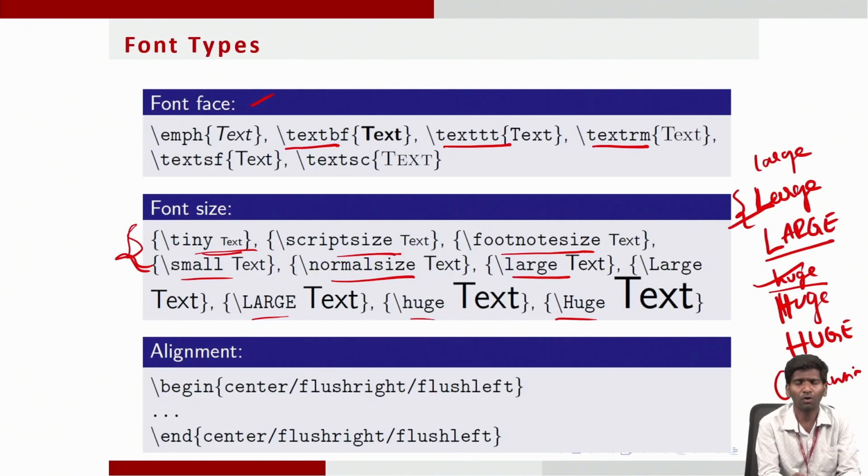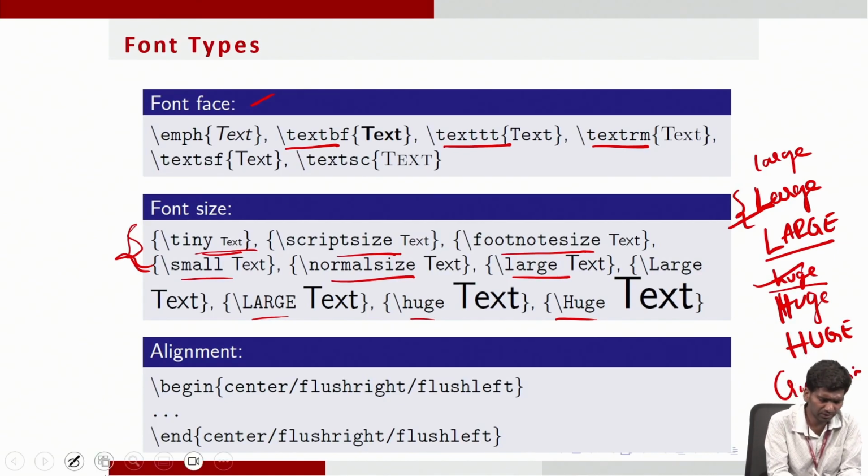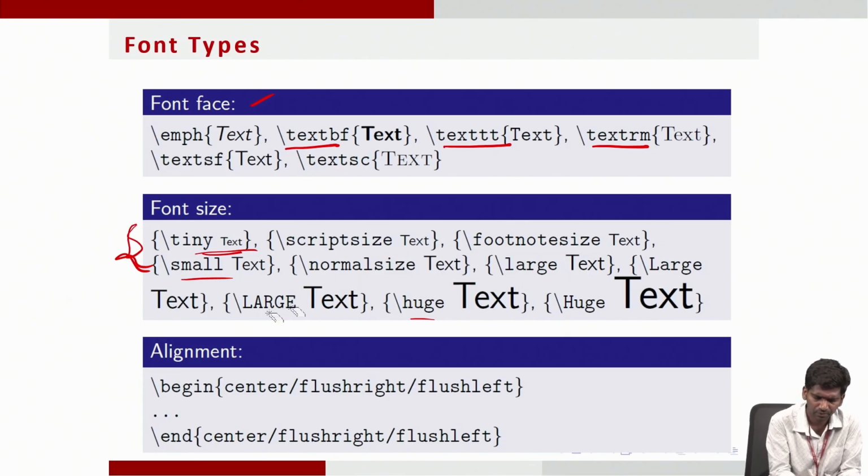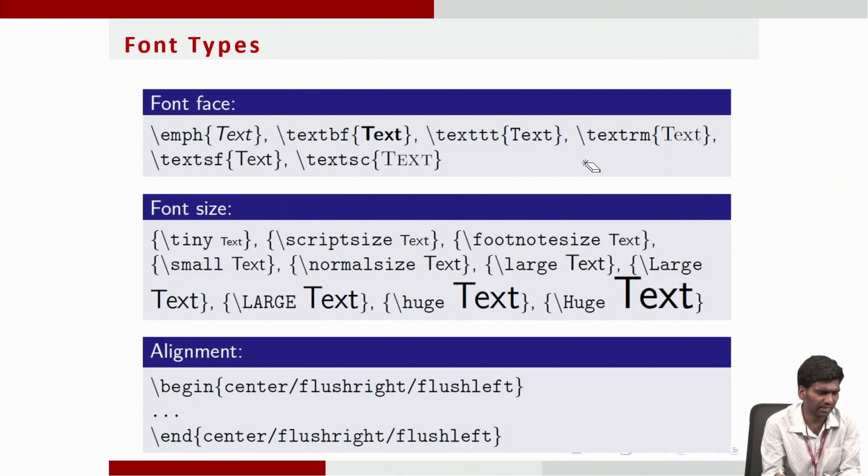Okay. Next, how to align your text. You can align your text to the right side, left side, or center also. For that, what do we need? Begin and end. For every tag we have begin and end. It's similar to HTML and CSS, opening tag and closing tag; LaTeX also has an opening tag and closing tag.